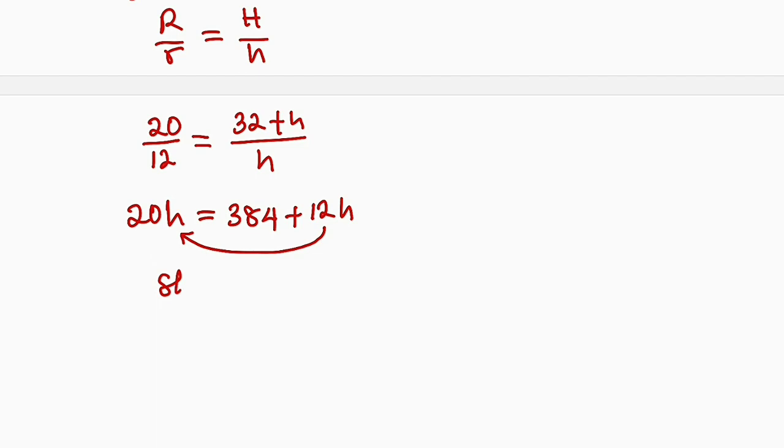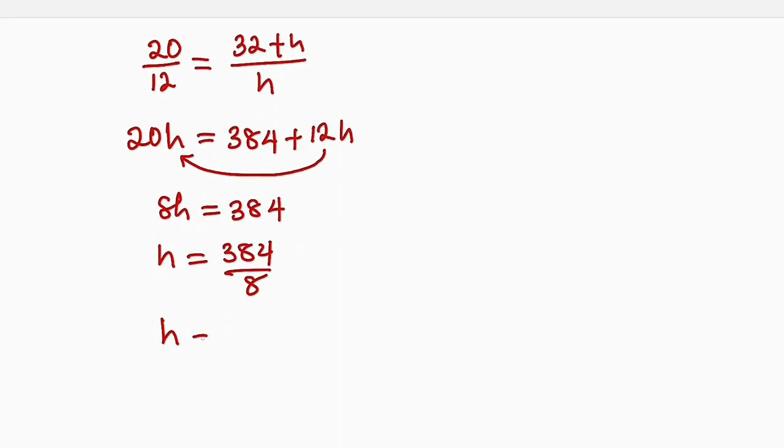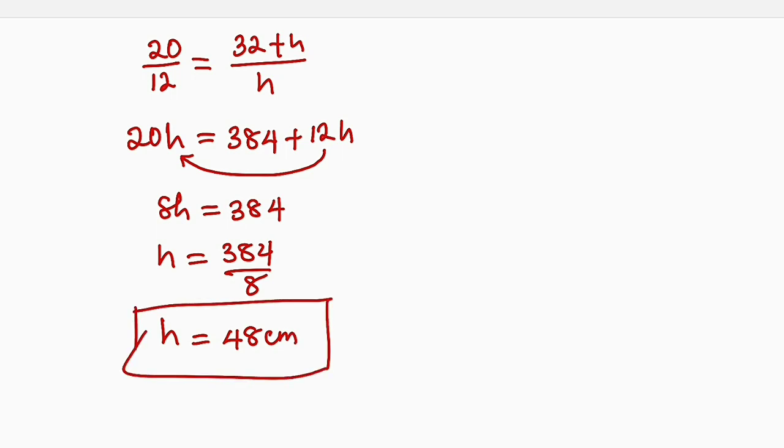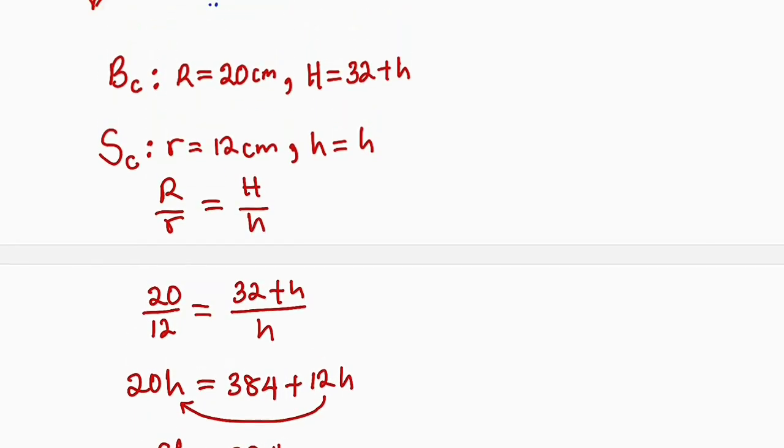So we have 8h equal to 384. Then we divide both sides by 8, and hence h equals 48 cm. Therefore, the height of that smaller cone is 48 cm.